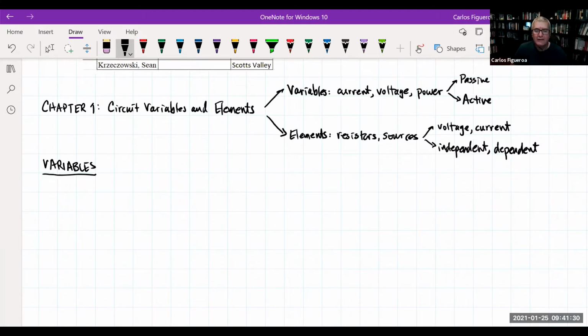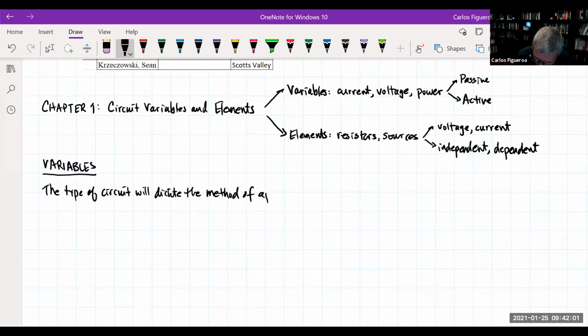So the type of circuit will dictate the method of approach to solving for current and voltage.